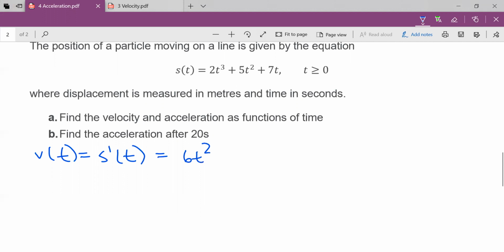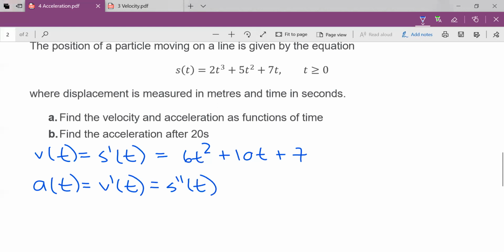So we take the derivative like that. Then our acceleration is the instantaneous rate of change of velocity at that moment, or you could think of it as the double derivative of the position, and that gives us this beast. Okay, so there's A done.